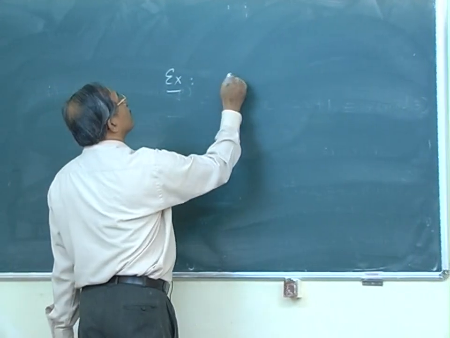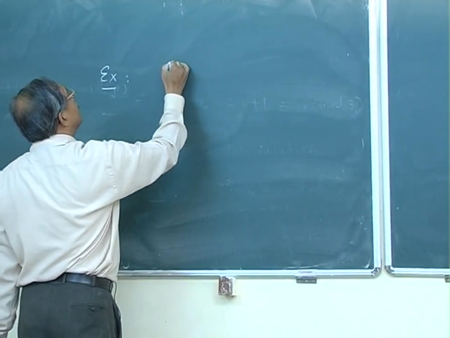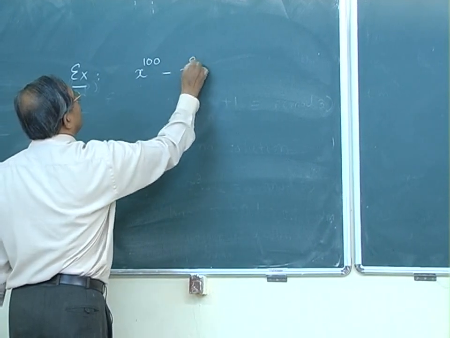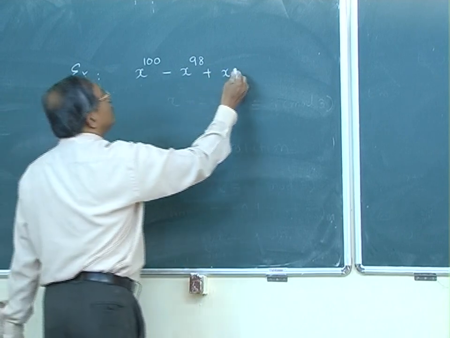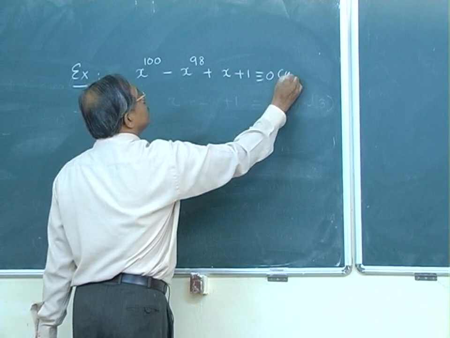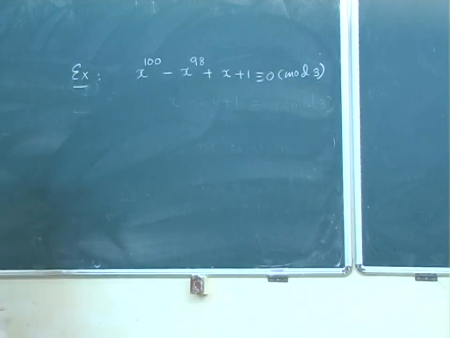If I take x raised to 100 minus x raised to 98 plus x plus 1 congruent to 0 mod 3, what are the solutions here?